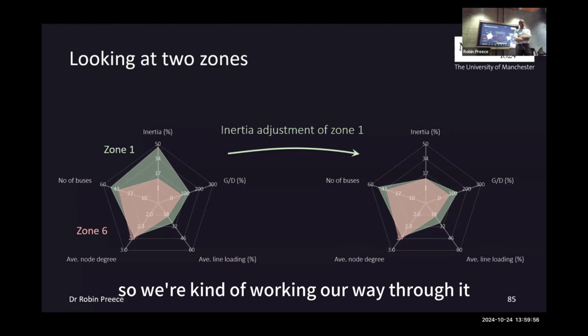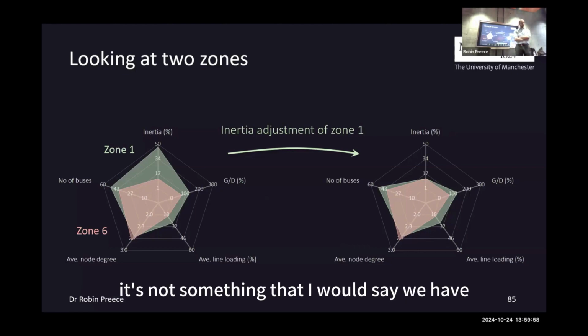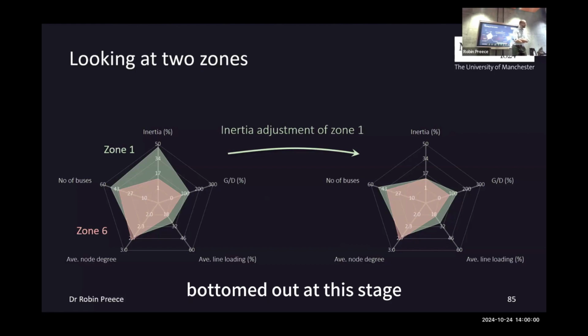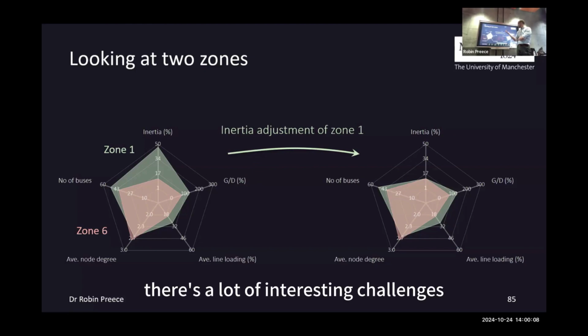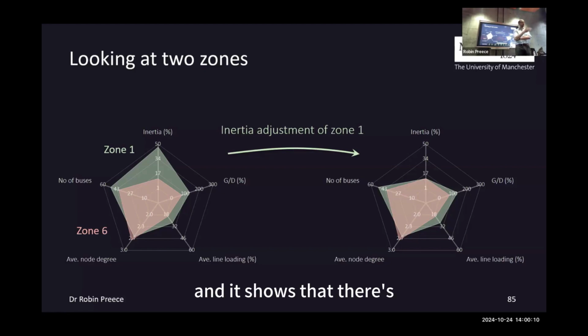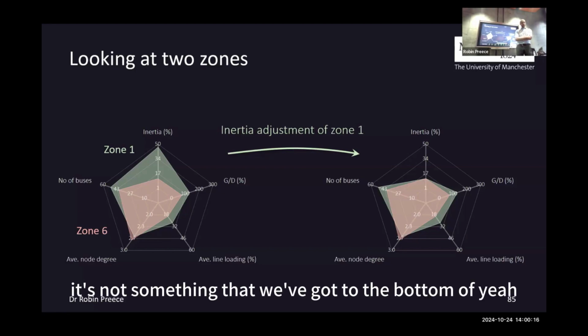So we're working our way through it. It's not something that I would say we have bottomed out at this stage. This is a snapshot of where we're up to, where I think there are a lot of interesting challenges, and it shows that there's a lot of complexity in the problem and lots of things to look at. But we haven't got to the bottom of it yet.